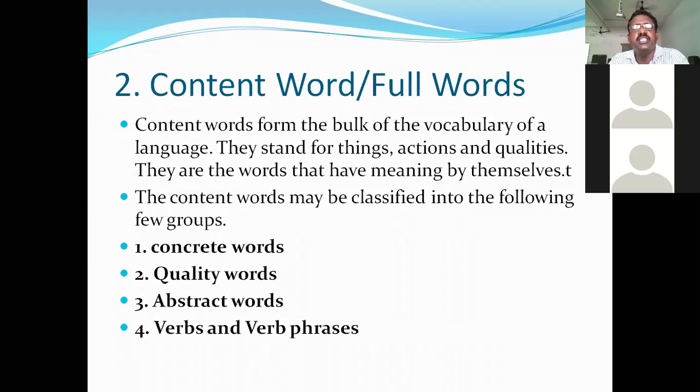And content words include concrete words, quality words, abstract words, verbs and verb phrases. Concrete words means, I said, this is a bottle. You can hold it, touch it, and feel it. The cell phone also, you can touch it and feel it.